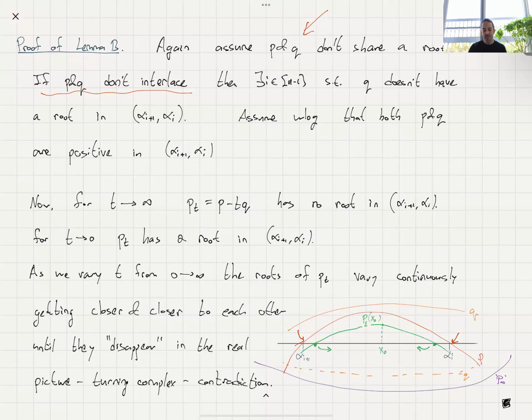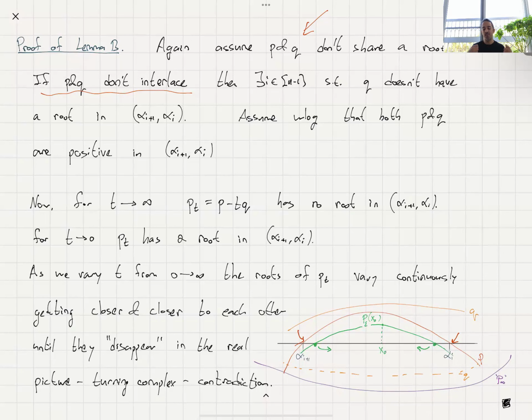So what I'm claiming, and maybe I'll give you a sketch in a second in Desmos, is that when t goes to infinity, as I said, PT is P minus TQ. So this means that only the minus TQ will matter.